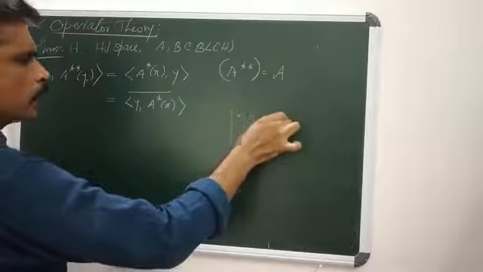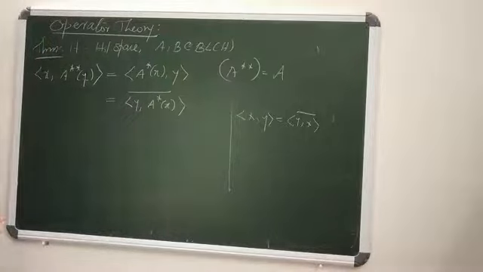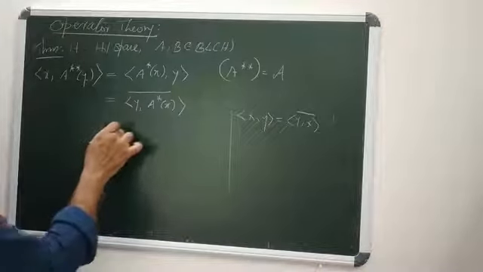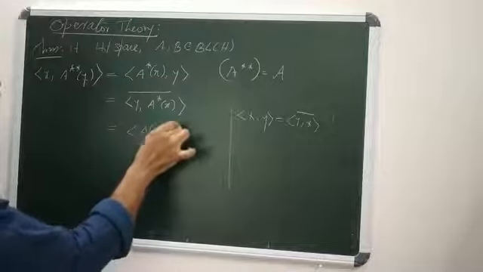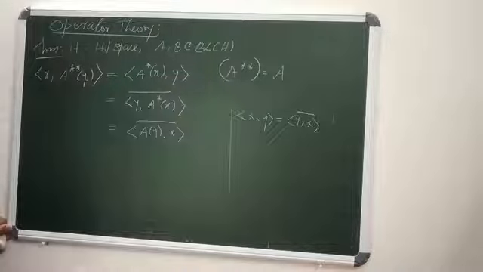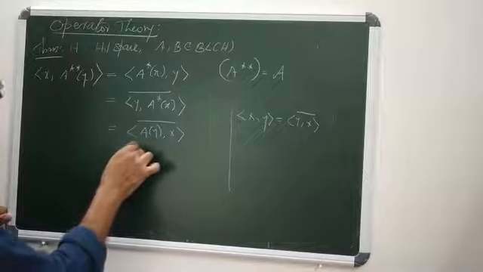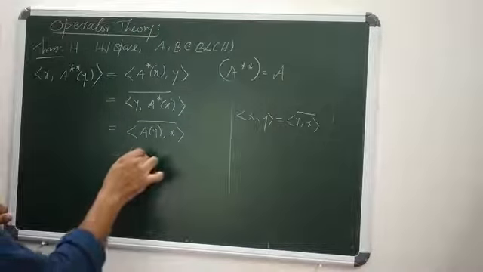So inner product Y, A star X bar equals inner product AY, X bar, again by the definition of adjoint. Inner product AY, X bar equals inner product X, AY.